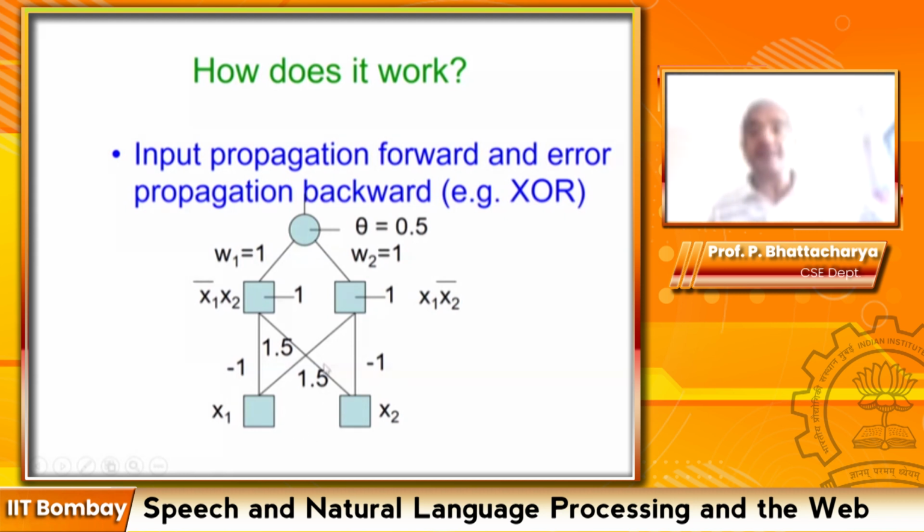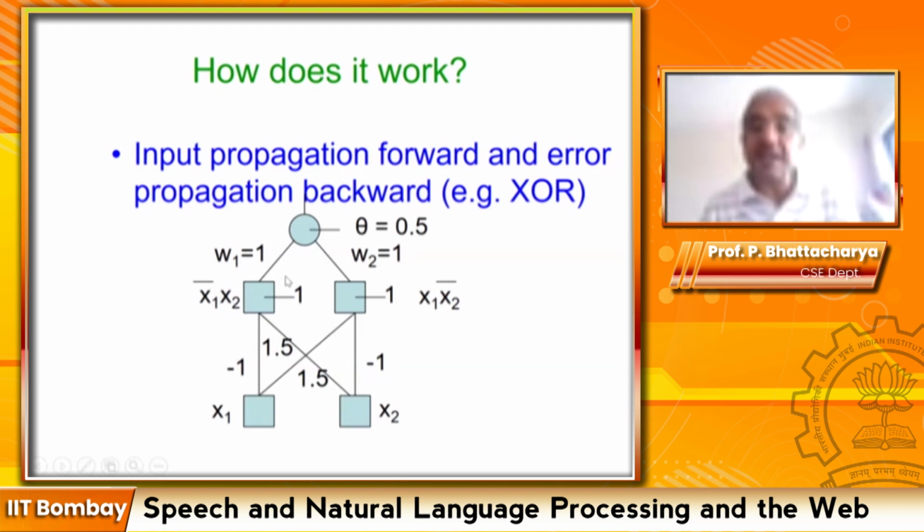There are 4 patterns. Now, should I change the weight values for every pattern, or should I change after looking at the whole epoch? Whole epoch means all the 4 patterns together.